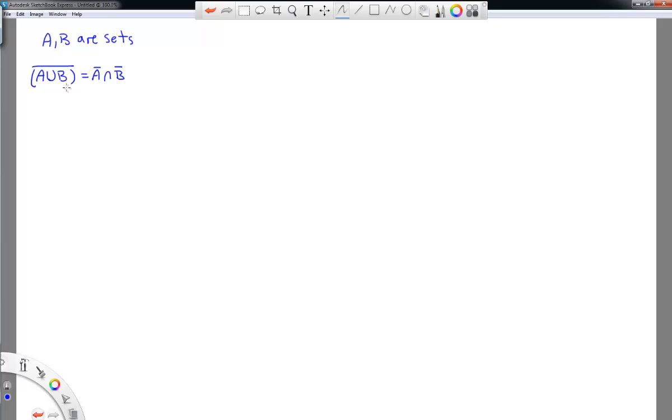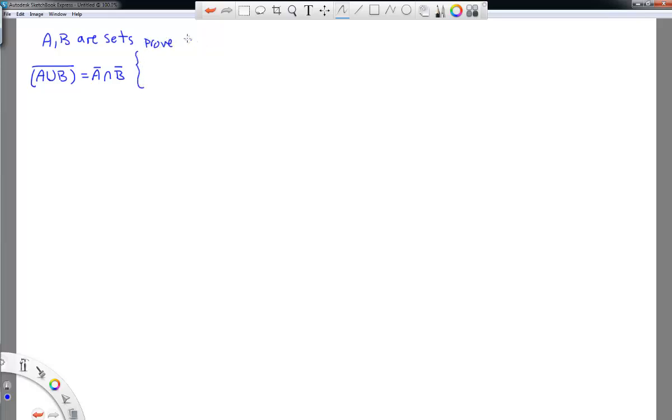As I said, be careful about what you're reading here. This statement is a two-part statement. In fact, if you remember when we talked about sets and equalities of sets, we said that two sets are equal if each one of them is a subset of the other one, right? So in order to prove this, I would have to prove two statements.